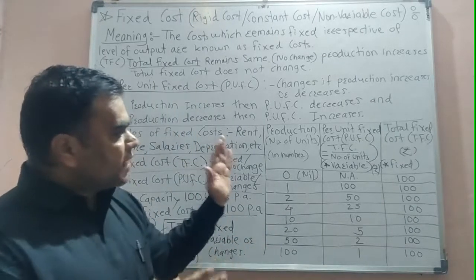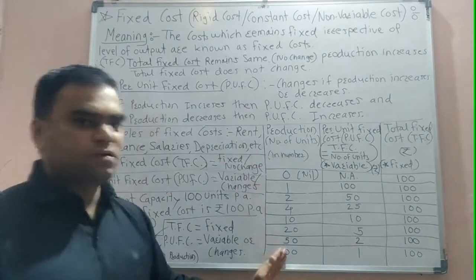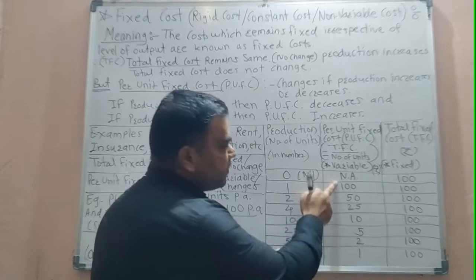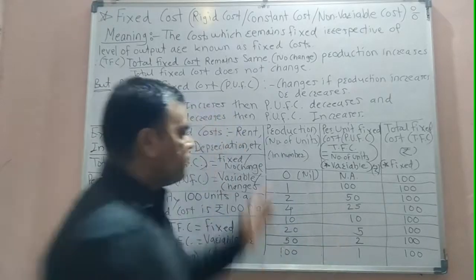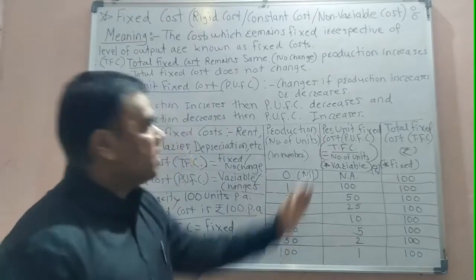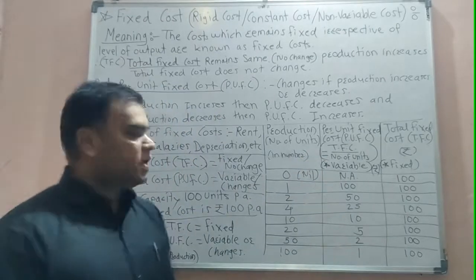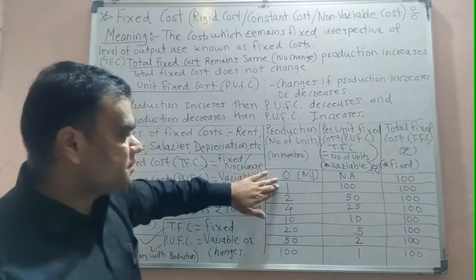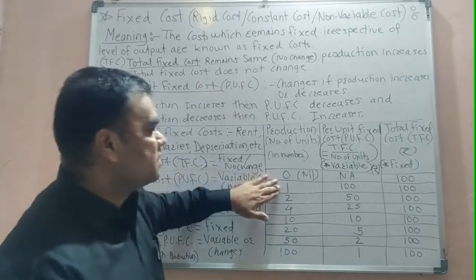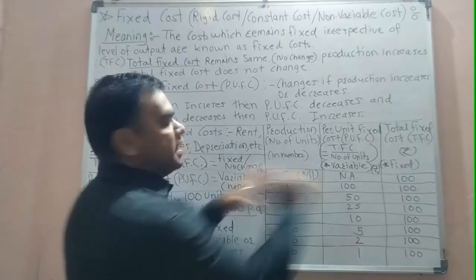We can understand that if we increase the number of units, our per unit fixed cost decreases. If we decrease production, then our per unit fixed cost increases.